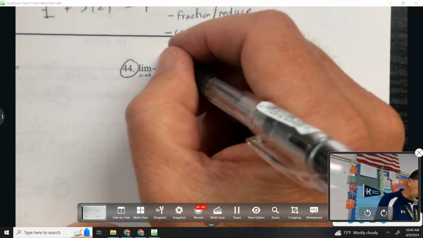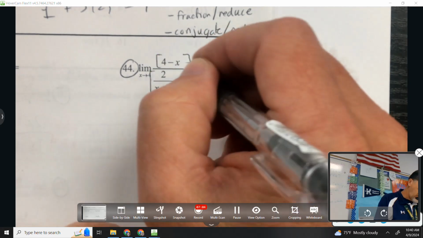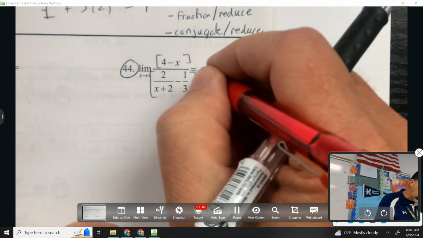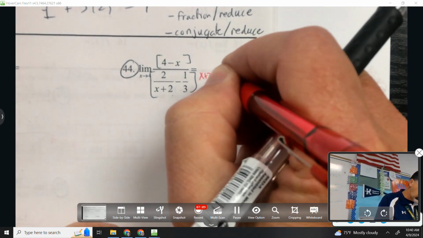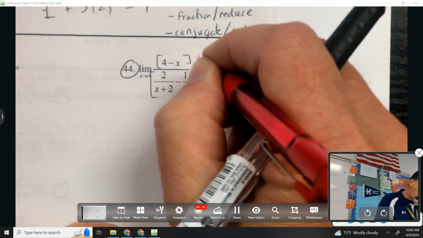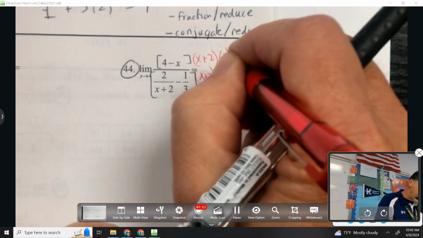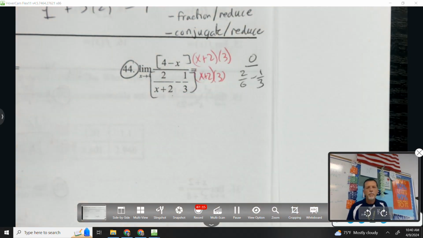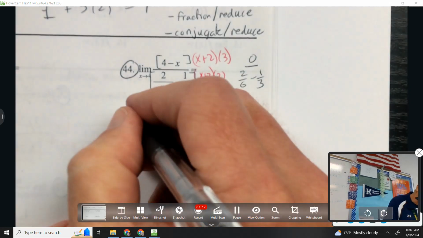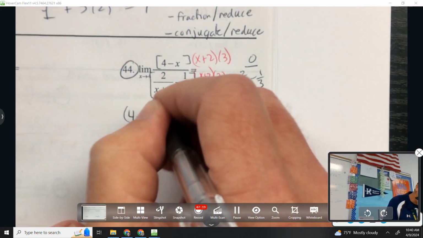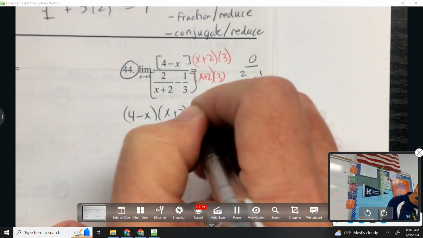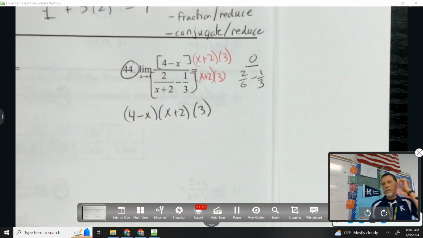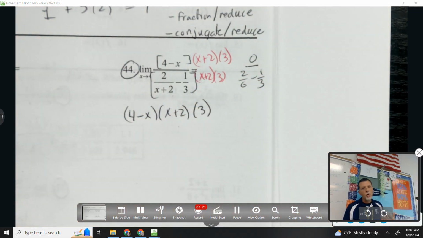So let's multiply by everything that'll make my denominators go away. So in the top, nothing really happens. We definitely do not want to distribute all of that stuff. We want to leave it factored because we're hoping something cancels.